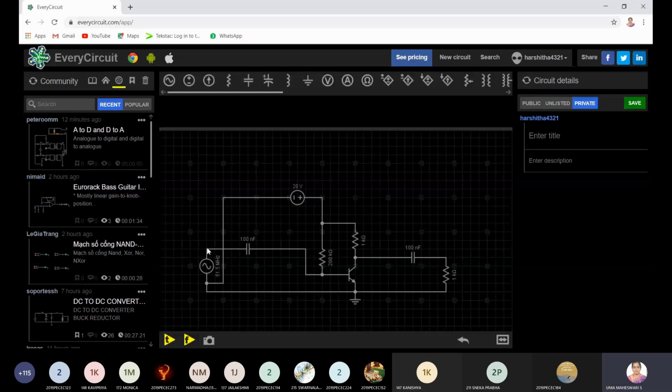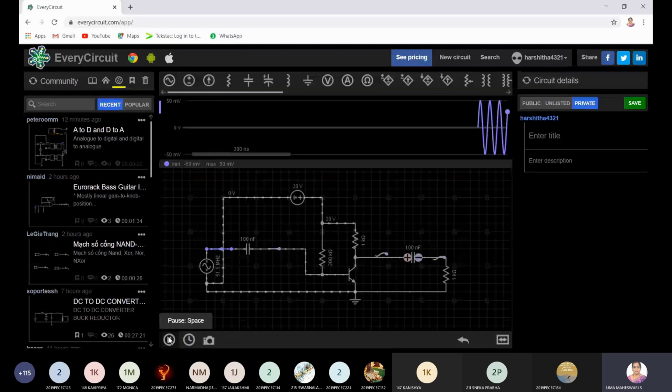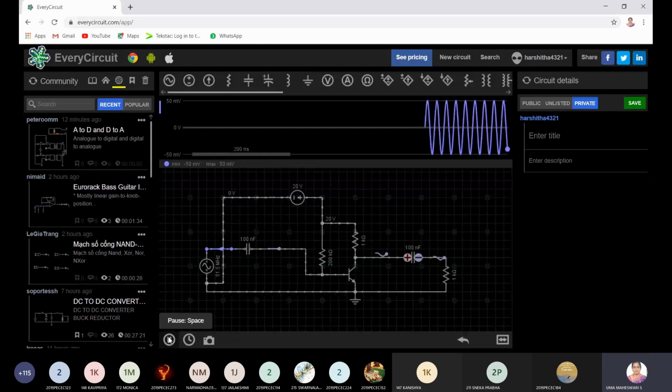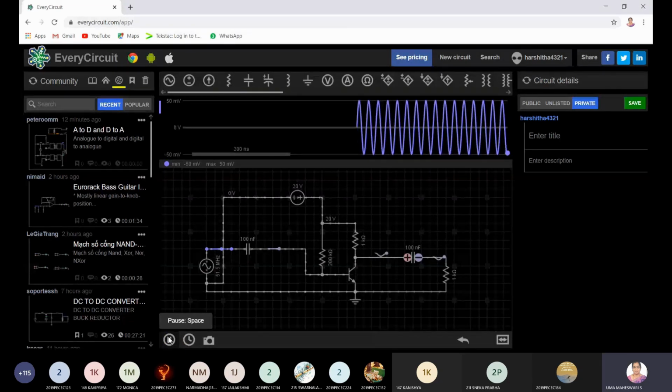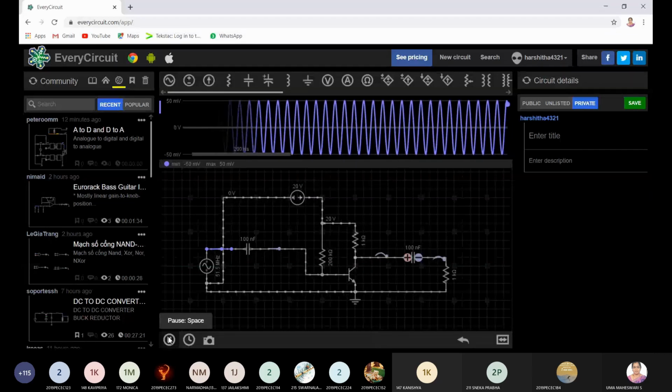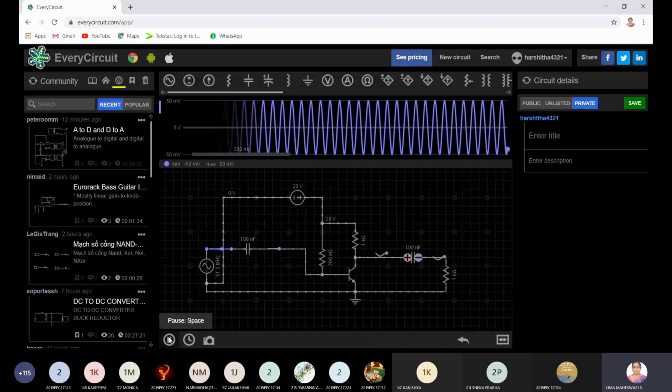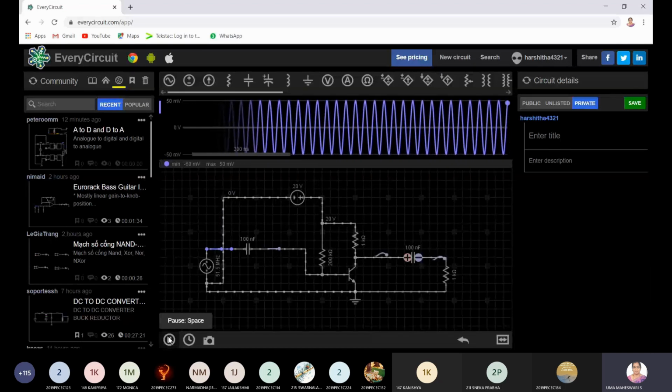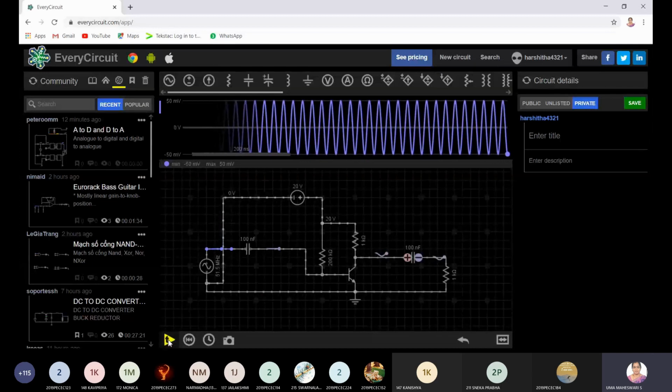Now one more question. Suppose I'm selecting the function generator and doing the analysis with respect to time. I am getting a sinusoidal waveform, but why does the waveform seem so narrow like this?